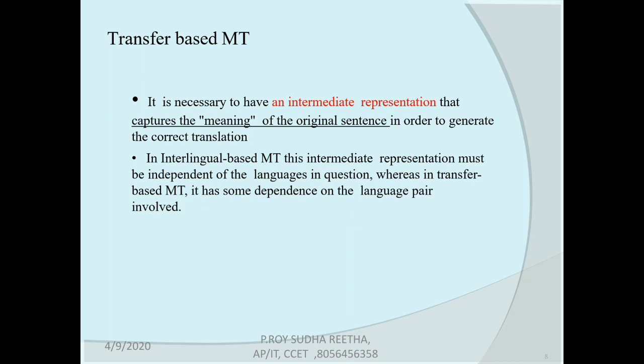The intermediate representation is a very important representation which captures the meaning of the given original sentence, and that is then translated into the accurate and correct translation. This is what is meant by transfer based machine translation.